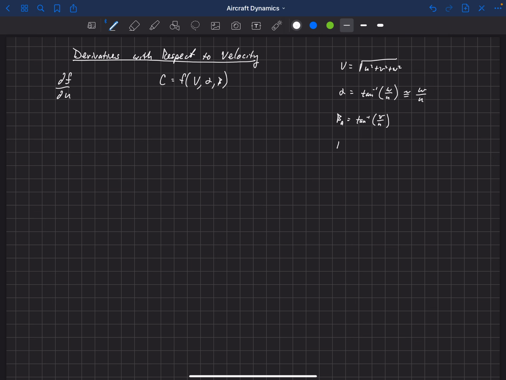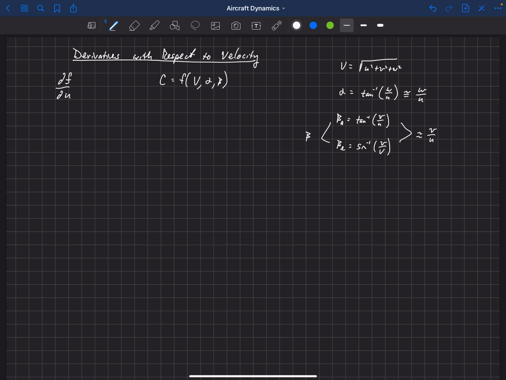And the experimental version, or the traditional definition of beta, is equal to arcsine of little v over capital V. Now, it actually doesn't matter which definition of beta we use, because once we use the small angle approximation, both of these simplify to little v over little u. So in general, we're going to be calling this beta, but we're going to be using the small angle approximation for that.